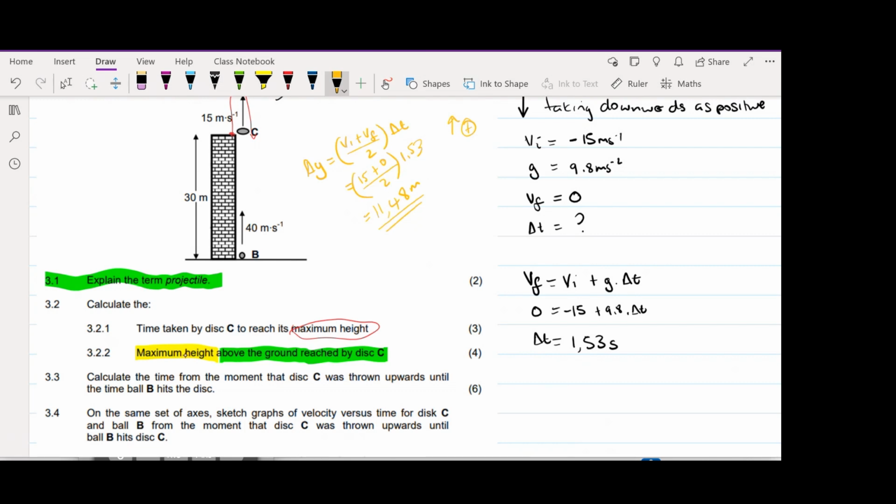But the question asked for the maximum height above the ground, so for the final answer you say 13 plus 11.48, which is 41.48 meters above the ground. That takes care of those questions.